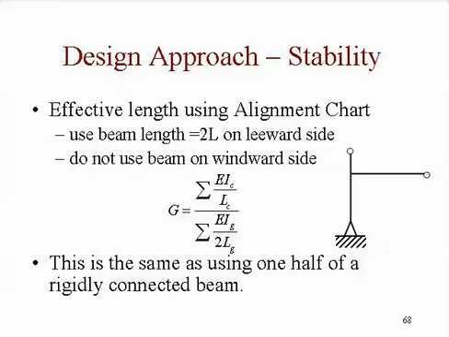Now on every one of these columns, we've only got one beam coming in that's rigidly connected. The beam on the, in this case, the left side was pinned. The beam on the right side is fixed to the column, pinned at the far end. Now, this is effectively using 1/2 of the EI over L of the girder. And that's a number that you want to keep in mind because we're going to compare that in a little bit.